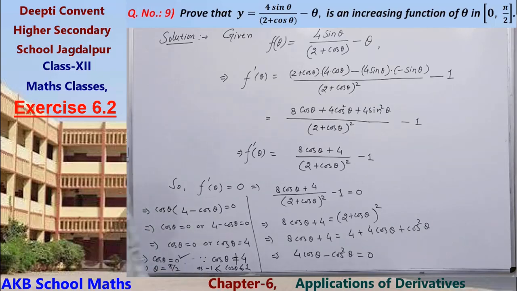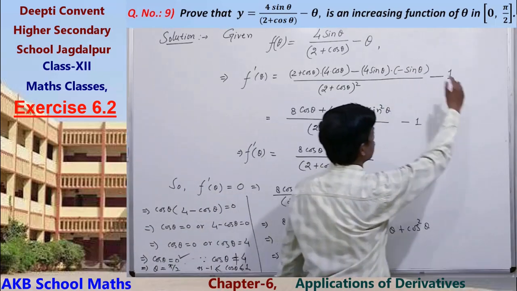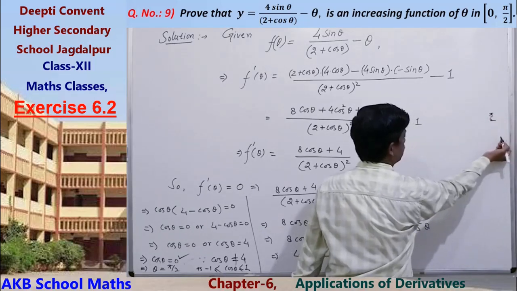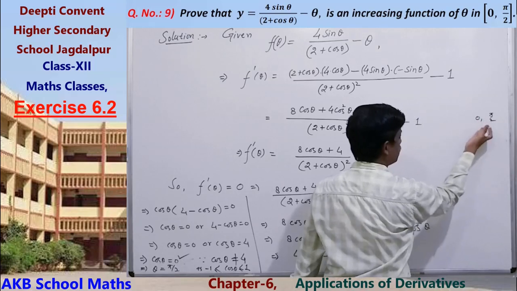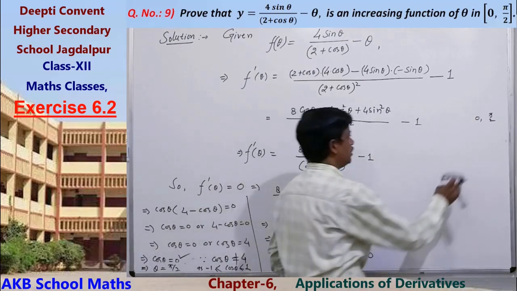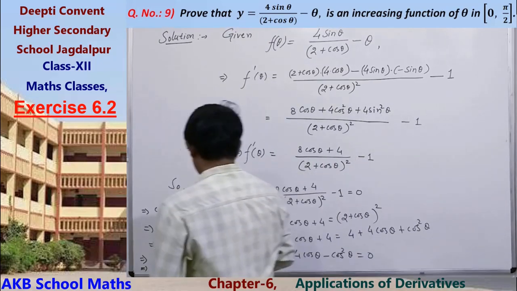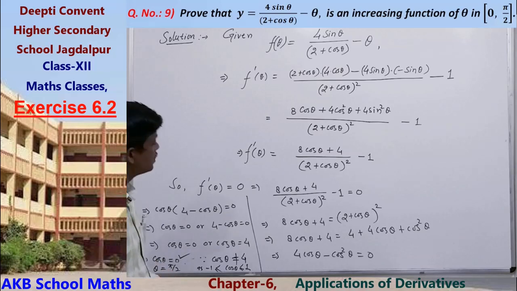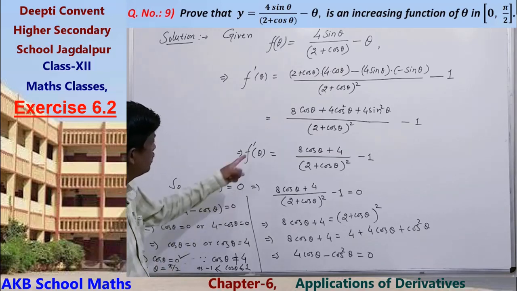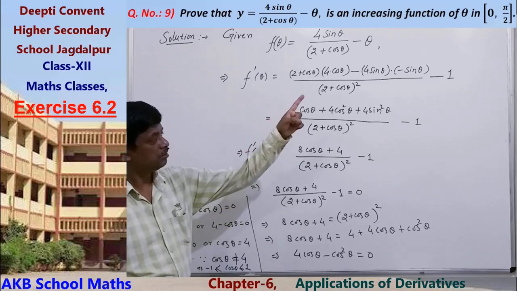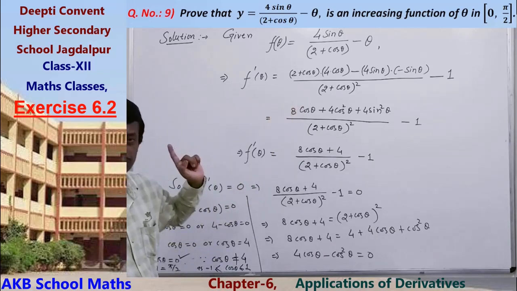So the division of the interval at pi by 2. We have to check in between this. So the interval pi by 2, it's okay. Now we have to see what will be the sign of f dash between 0 to pi by 2.